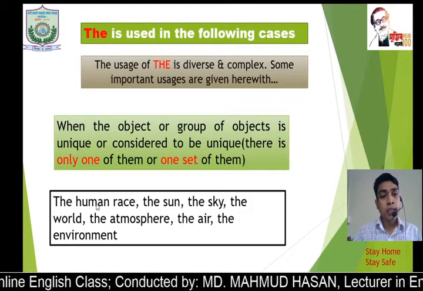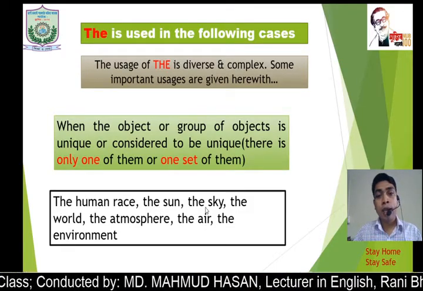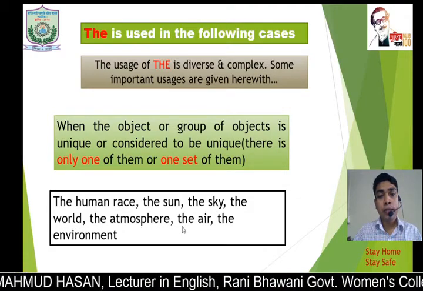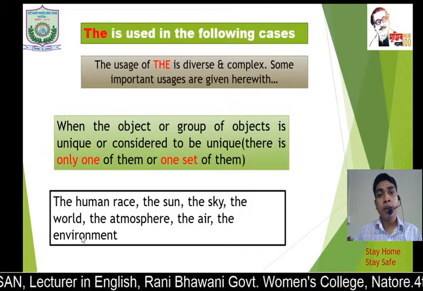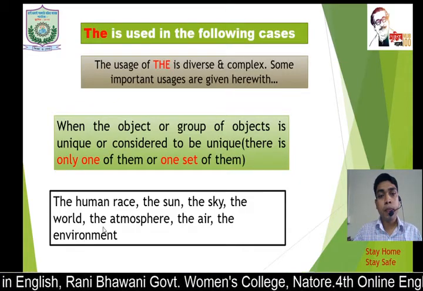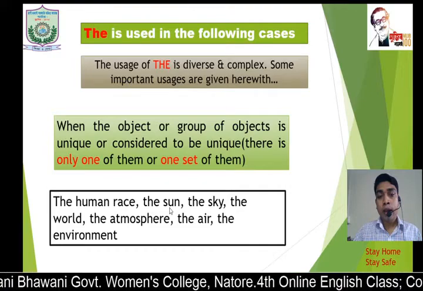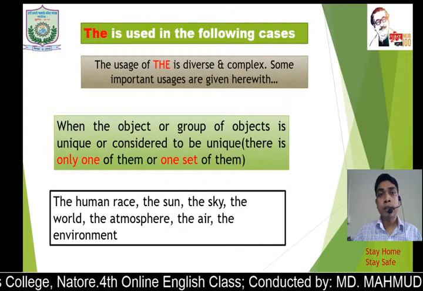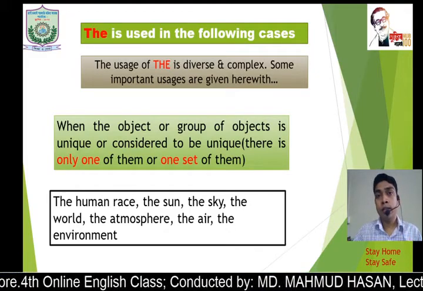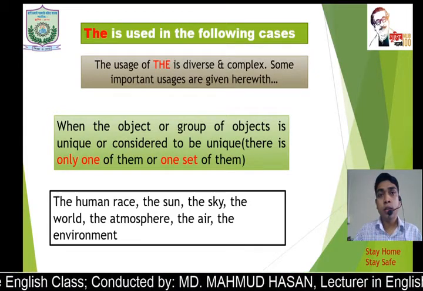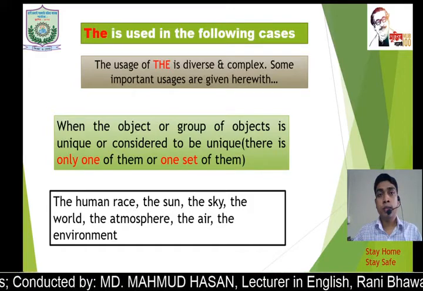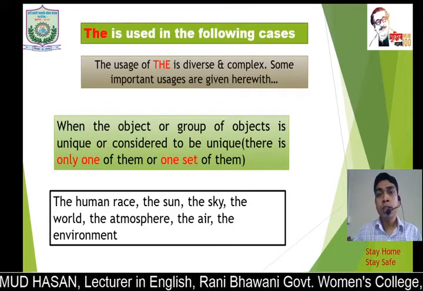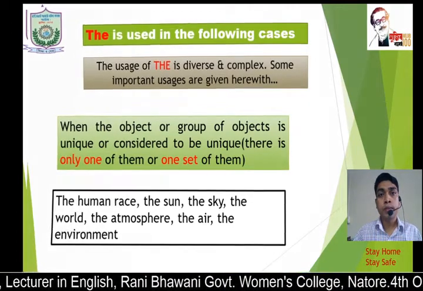The human race, the sun, the sky, the world, the atmosphere, the air, the environment. Here sun, sky, world are examples of uniqueness. There is only one thing. For that reason we use the before these words or nouns.